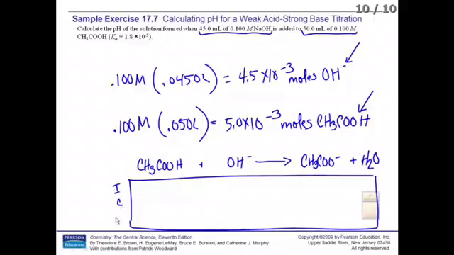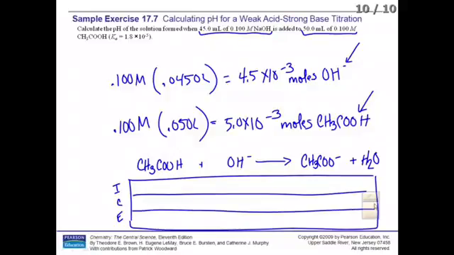Alright, so ICE. The initial is before the combination, basically. Your book uses before addition, addition, and after addition. It's the same thing to me. It's all ICE. So anyway, for your acetic acid, we're going to use the moles here. This will be 5.0 times 10 to the negative 3, and remember this is moles, not molarity. Your OH, you had 4.5 times 10 to the negative 3 moles.